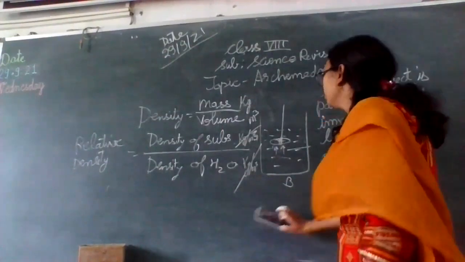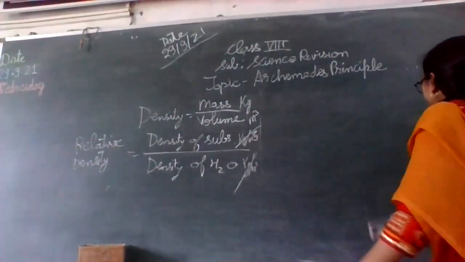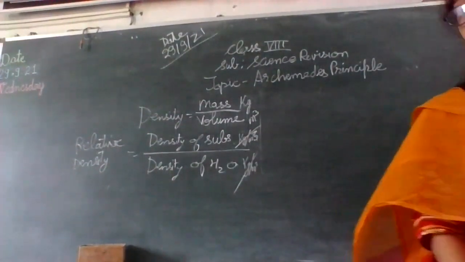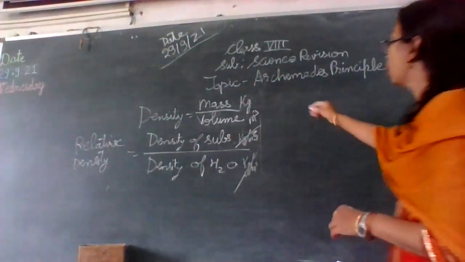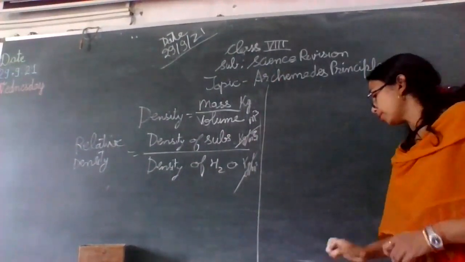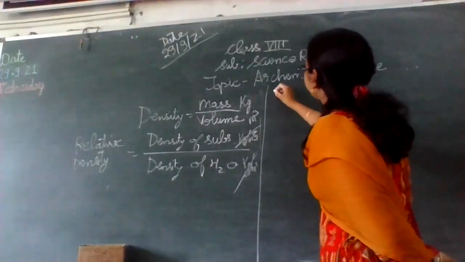Now, certain problems related to this chapter we can try to solve so that you understand these formulas and how to solve them in a deeper sense. So the first problem that we are going to cover today: what is given?